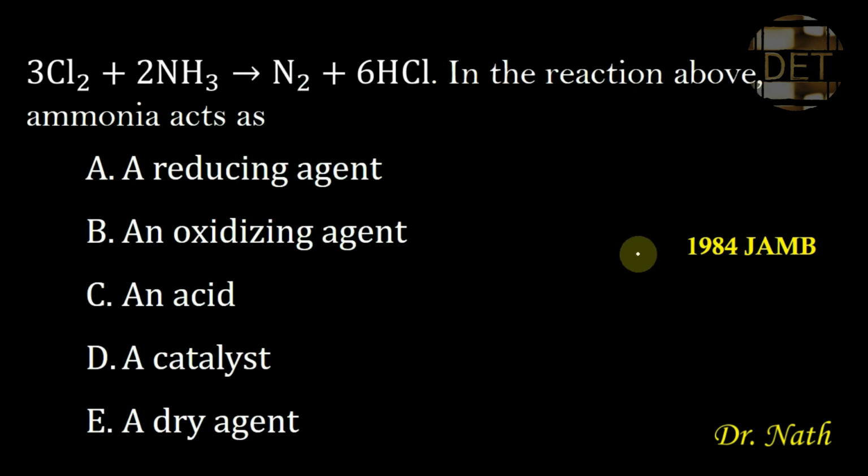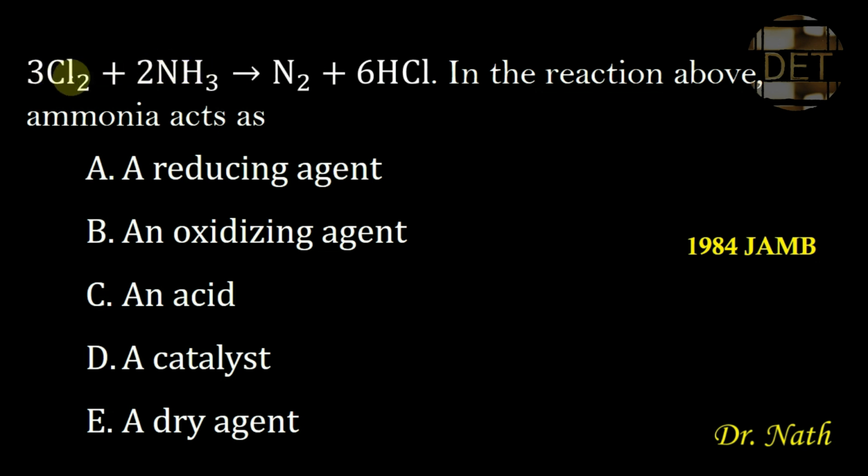The next question I have here is a 1984 JAM question. Looking at this reaction, in the reaction above, ammonia acts as what? If you look at this reaction very well, this is chlorine, this is ammonia.